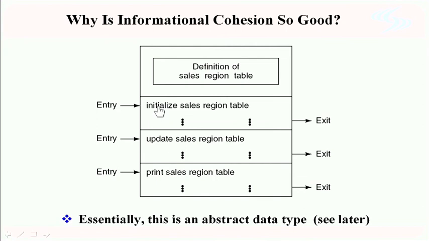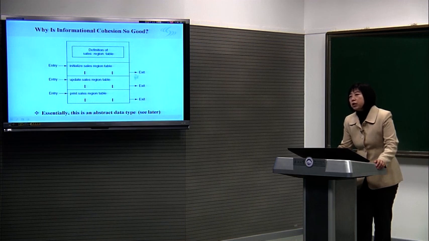And we see that each action has its own entry point and its own exit point. Okay, that means it has its own output. All these actions operate on the same data structure. Okay, here is the data definition of the sales region table. So this is informational coherence.